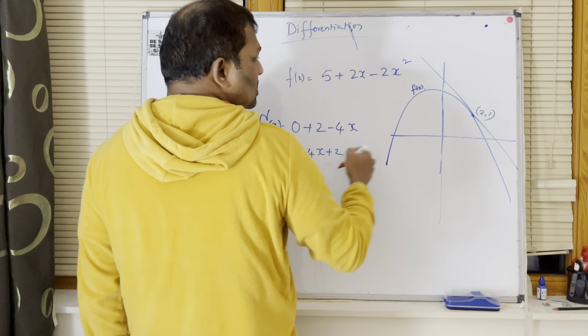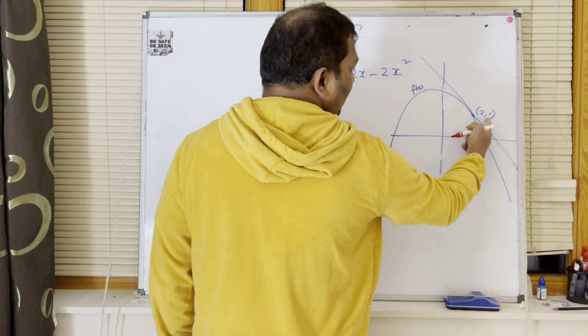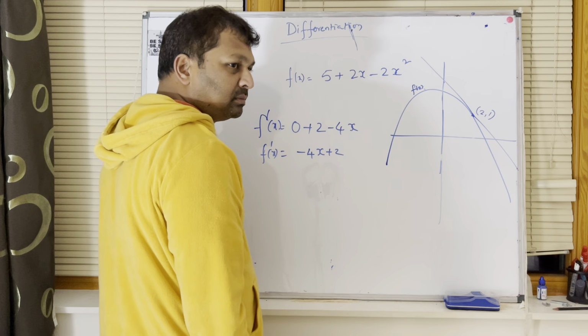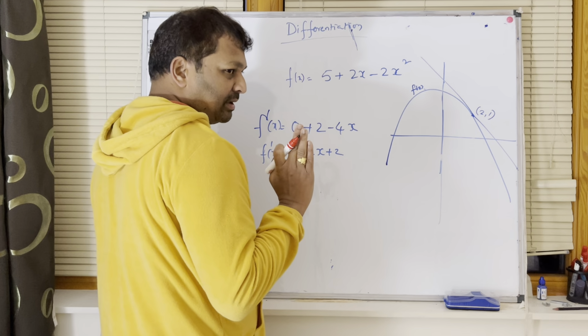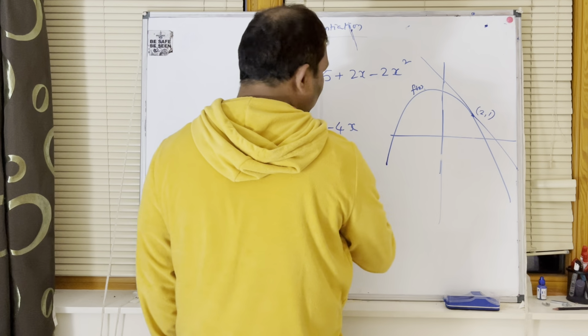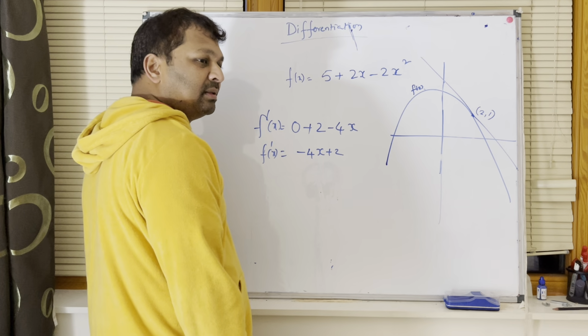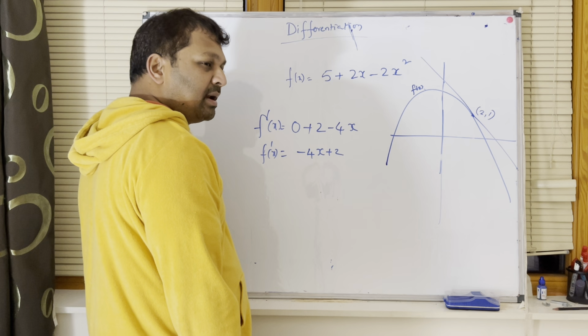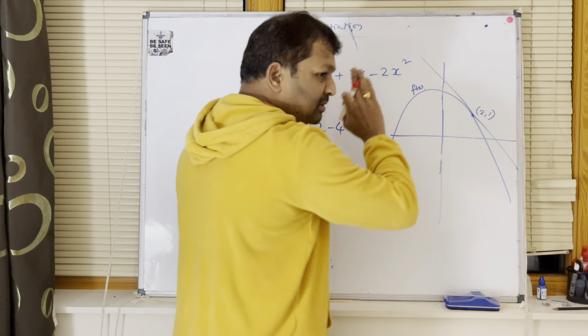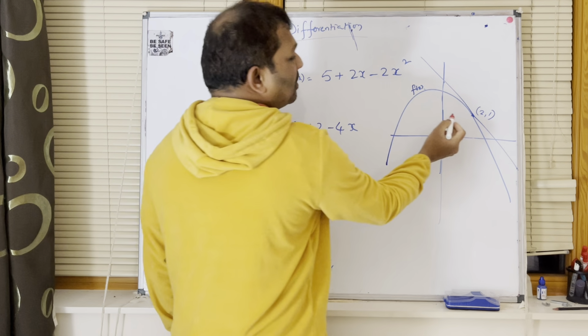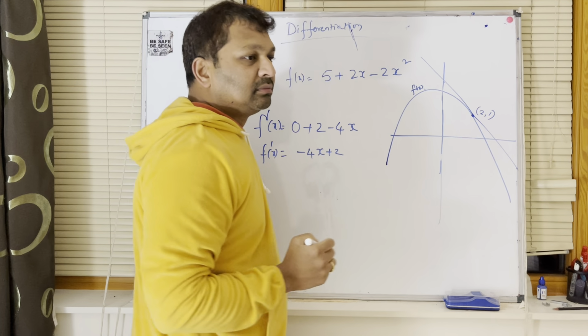If you want to find the slope, keep 2 in place of x. The tangent equation is not given. They only said that it touches at one point, and they didn't give any other point on the tangent.